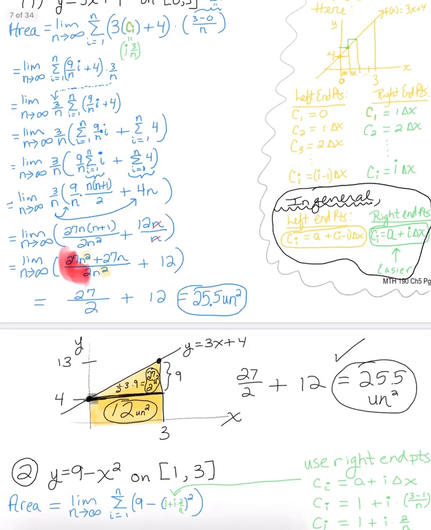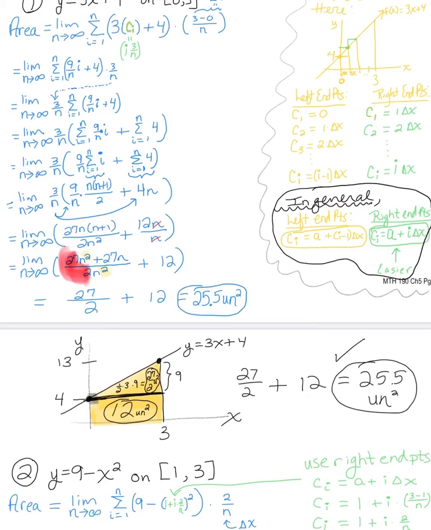And then times our delta x, and we just found delta x in our work over there on the right hand side. That was the 2 over n. So of course this right here was just the delta x.